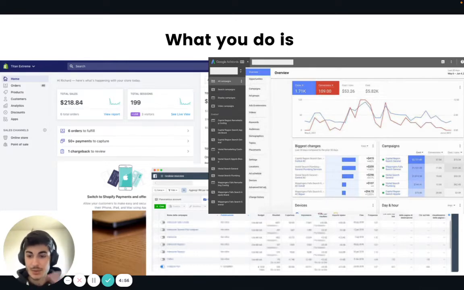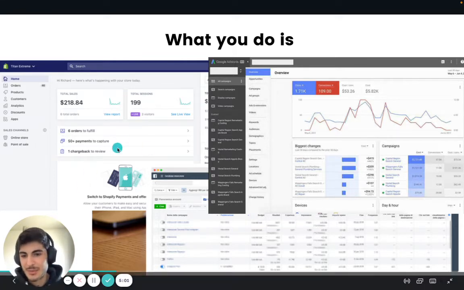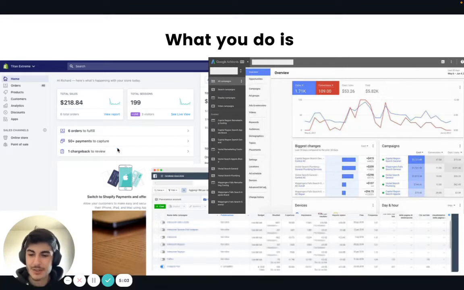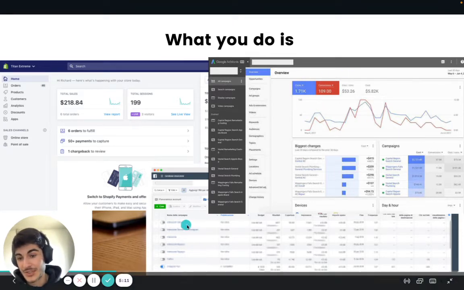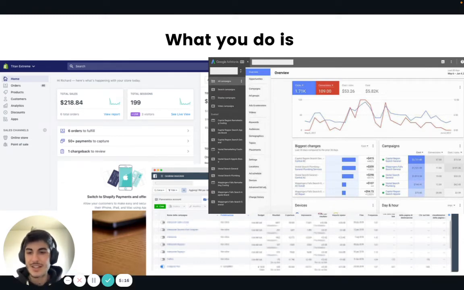But most of the time there are multiple conversions. For example, on Shopify you will notice there are fewer conversions than the conversions Google Ads has plus the conversions Facebook Ads has. So there is a high discrepancy across all the tracking and data sources that we have.